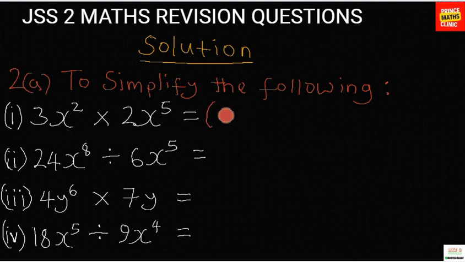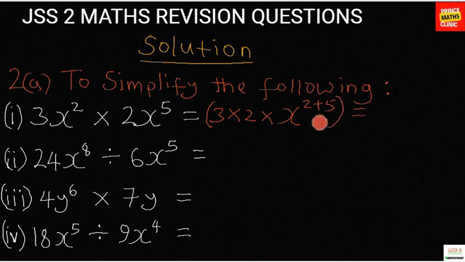Since this is multiplication, what is 3 times 2? 3 times 2, you write it out. Good. Then this alphabet under multiplication, you write down the alphabet. Now under multiplication, you simply add the powers. And what are the powers here? 2 plus 5.